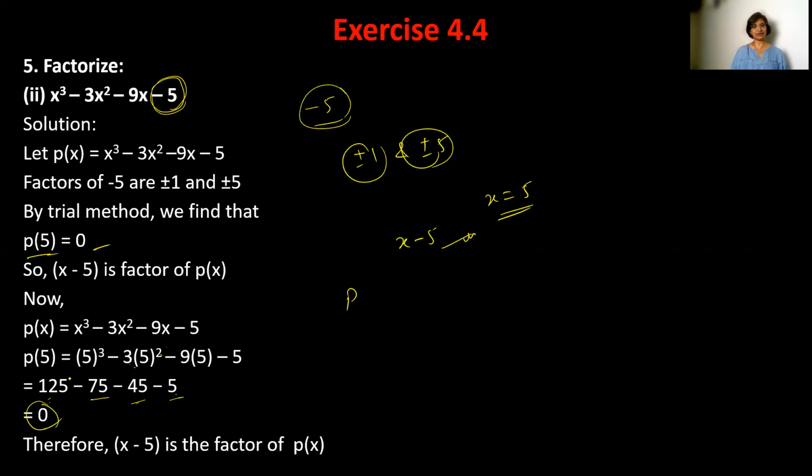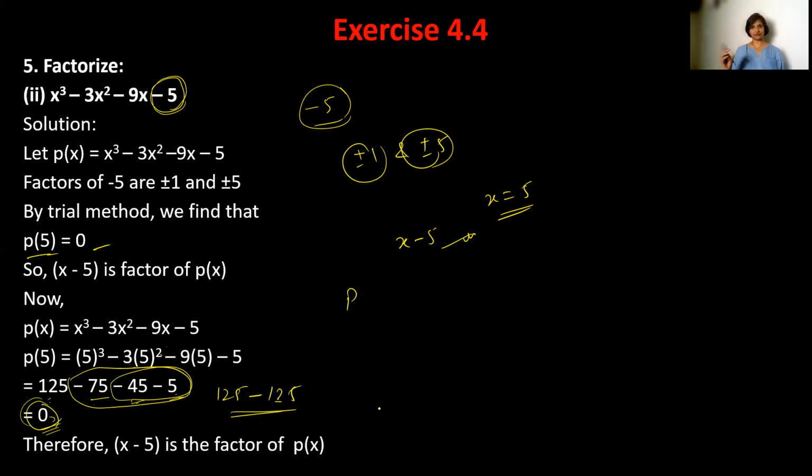So you have to add these numbers, -75, -45, -5. So this will become -50, and plus 50. -50, 100, and 125. So this becomes 125 minus 125, which gives 0. Therefore, x minus 5 is a factor of P(x).